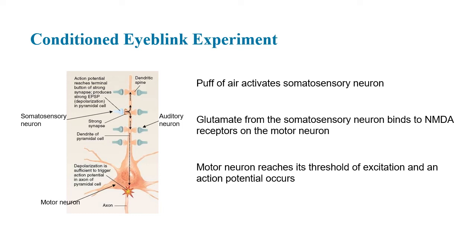So because it's firing at the same time, it is binding with those dendritic spikes that are now open because of the depolarization. And by binding with it, as I will talk about in just a second, with the other types of receptors, it's going to form more receptors.